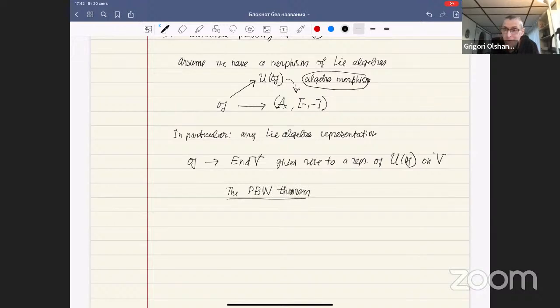The meaning of this result is that it tells us what the size of a universal enveloping algebra is.